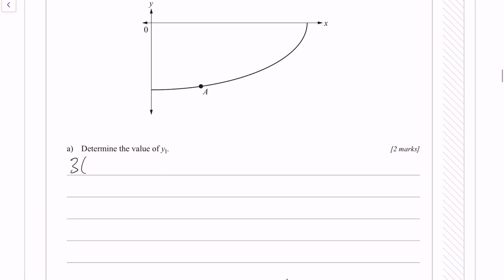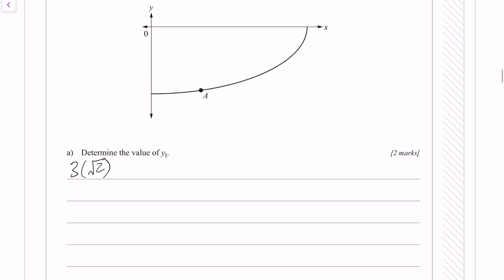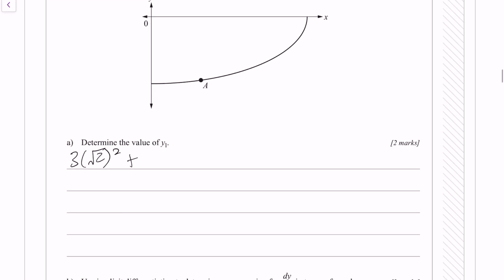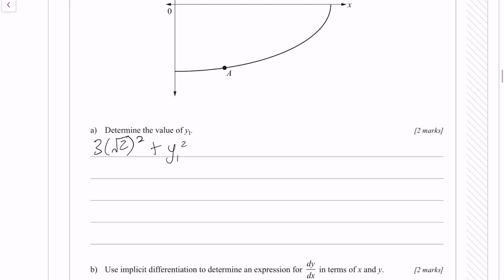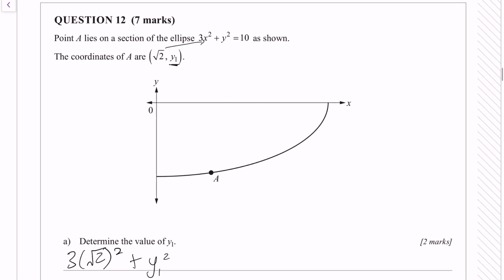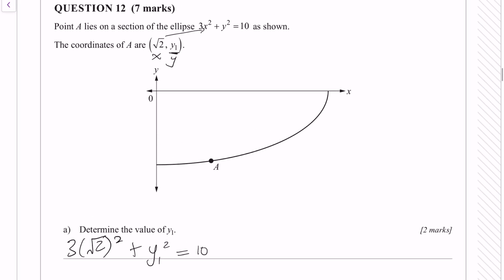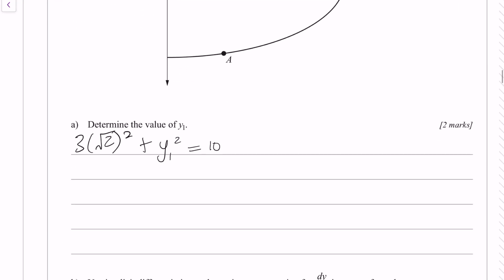So 3 times square root of 2 squared plus y1 squared, okay, because we're using our coordinates now where we have x and our y value, equals 10, okay, and then from that we can just simplify. So 3 times square root of 2 squared is just canceling out that square root, plus y1 squared equals 10.